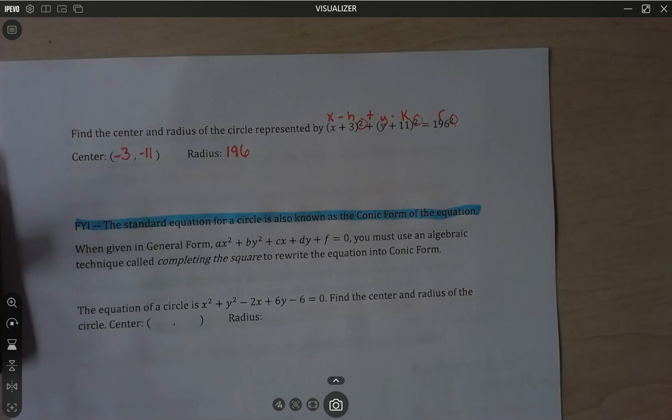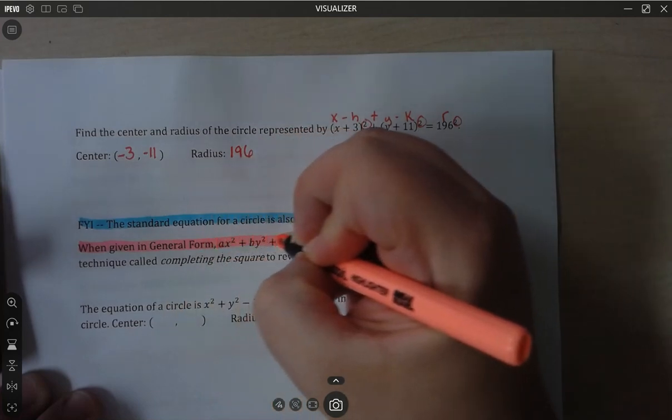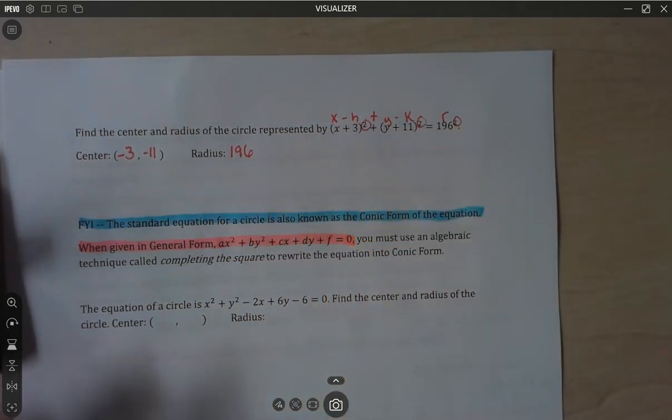The general form and standard form sound almost like they should be interchangeable, and in some ways they are, but not as forms. So general form is going to be more like a quadratic. Ax squared plus by squared plus cx plus dy plus f equals 0.